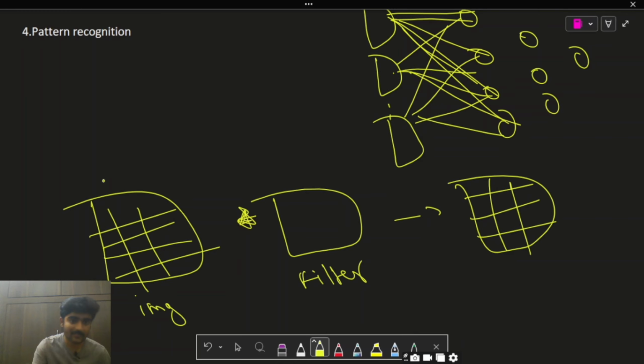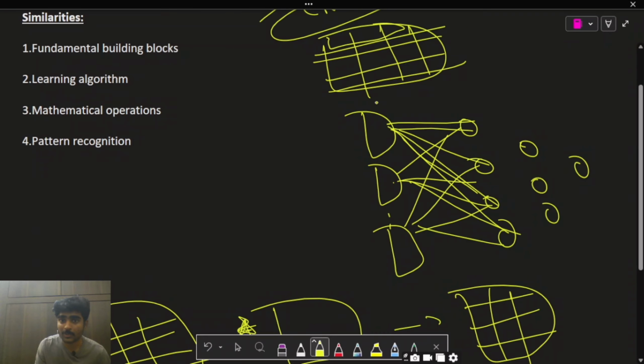Let us say this input is x and this is a weight matrix. I'm only talking with respect to this particular hidden unit.